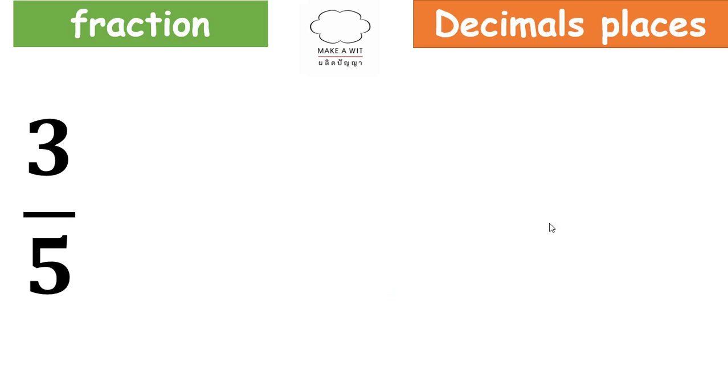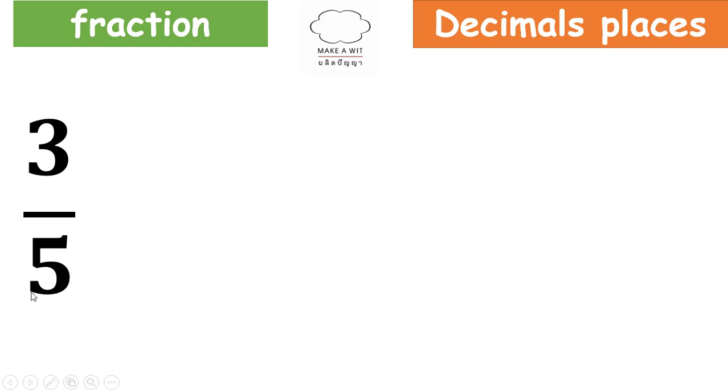Okay, look at this. This fraction is 3 over 5. I want to change 3 over 5 to a decimal. How to change it? This one is different, because look at number 5. From last time, you can see the denominator is 10, 100, 1000, yes or no?